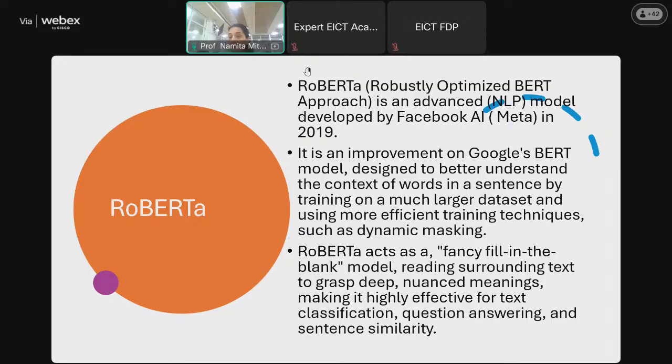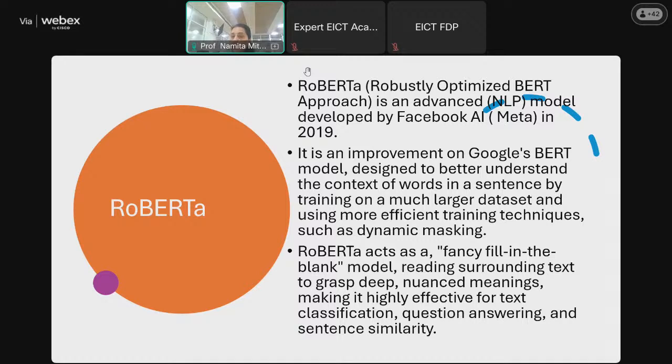Masking, as we have seen, is where the next word is predicted, but it is already there in the training data set, and then it is checked. If the predicted one and the actual one are the same, it means we are going in the right direction.